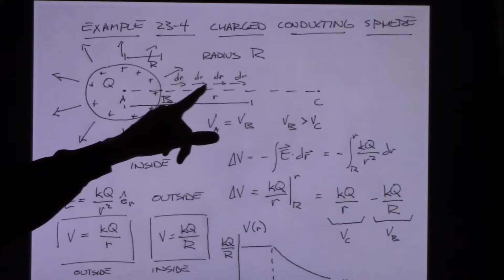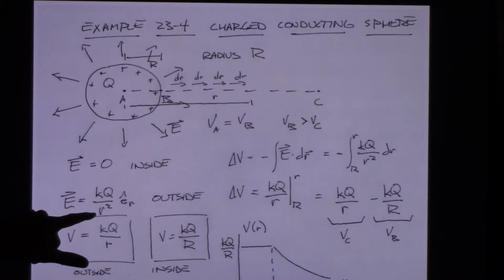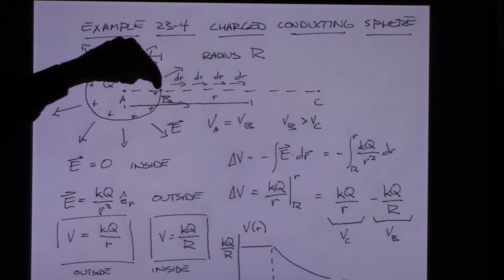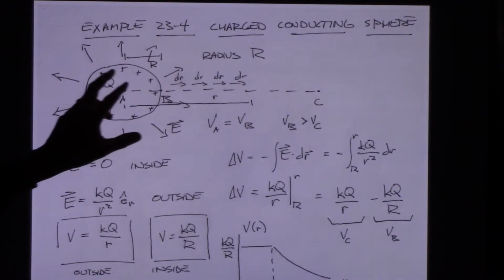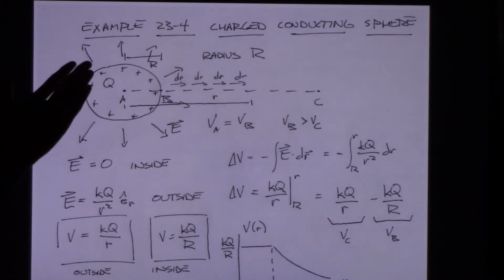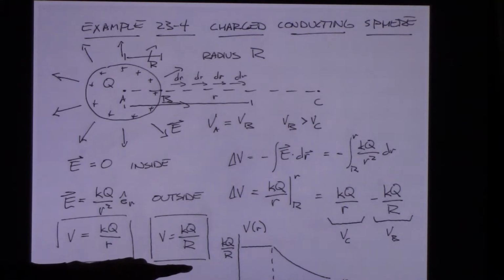So I've got an electric field all the way up to point B, and I can use this formula to represent the electric field at point B. What an electric field of 0 inside tells me is that there's no difference in the electric potential moving around within the volume of the sphere. If there's no electric field everywhere inside the sphere, everywhere within the sphere will be at the same electric potential.